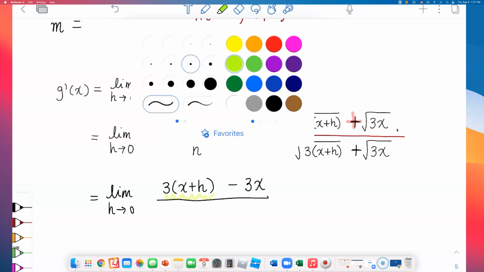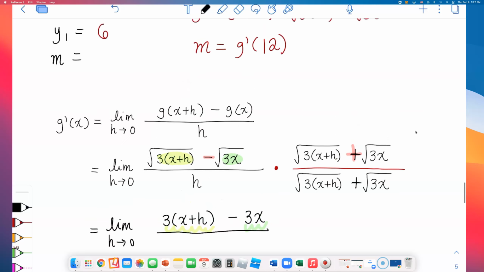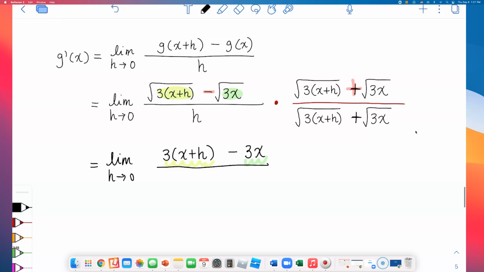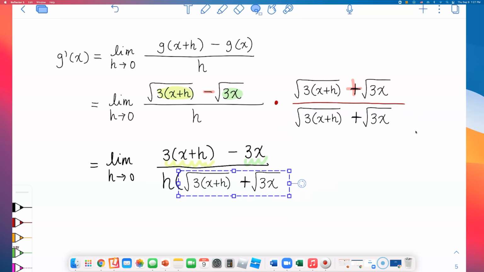Because when you square the square roots, the radicands can just come out because the square root cancels out. And I made sure to connect them with the minus sign. The denominator, unfortunately, is not going to be that pretty. I have to multiply the denominator of the first fraction, which is h, by the denominator of the second fraction, which is all that. So I will copy this, and I'll put it inside here, okay?